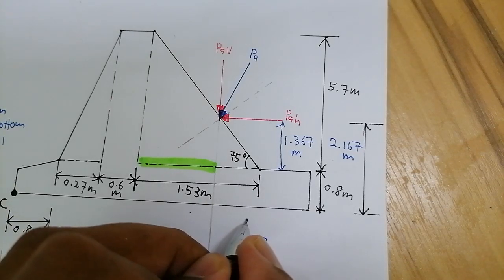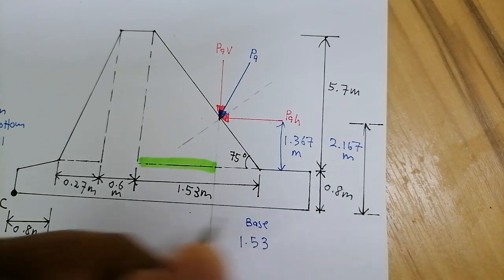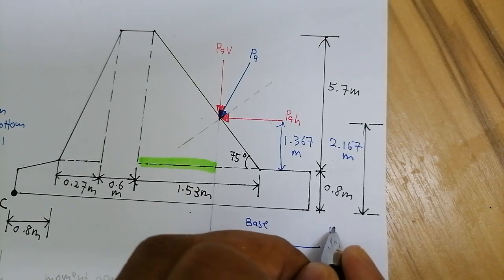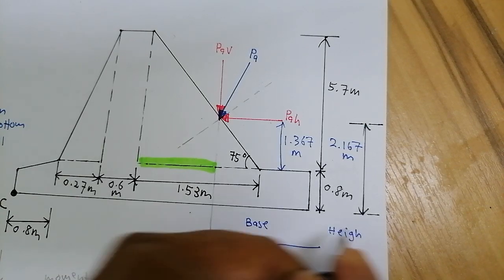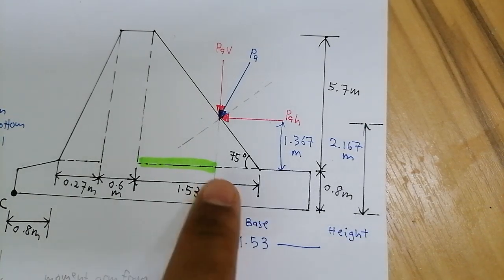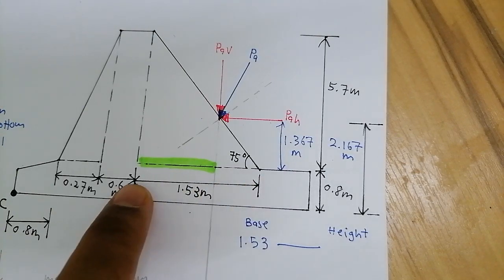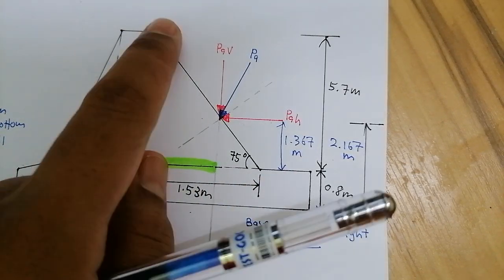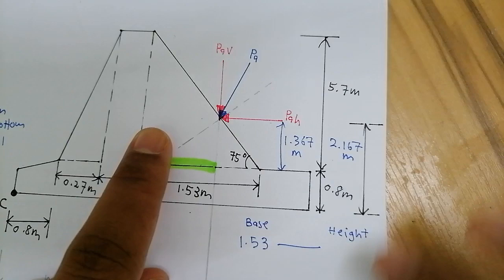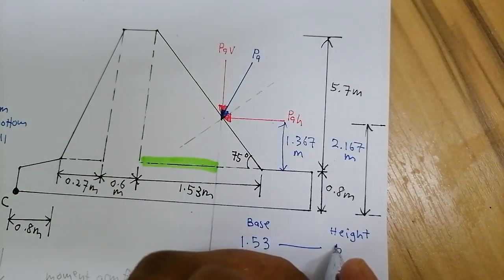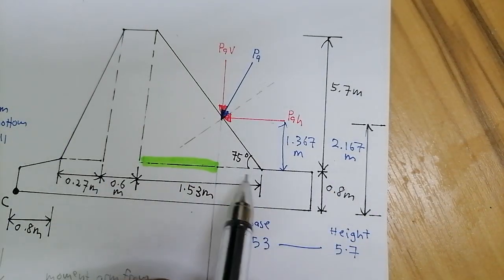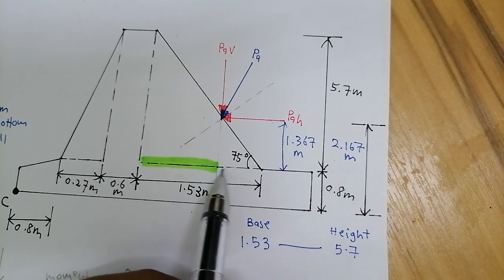Okay, this is the base. So the height is, okay, base 1.53, height is 5.7, isn't it? This one, 5.7.